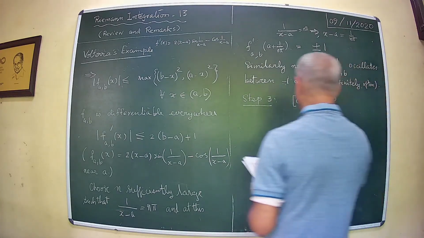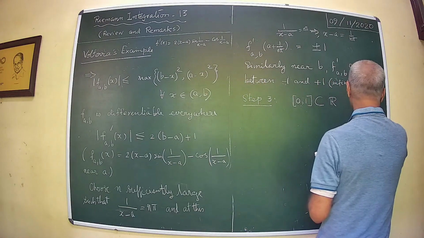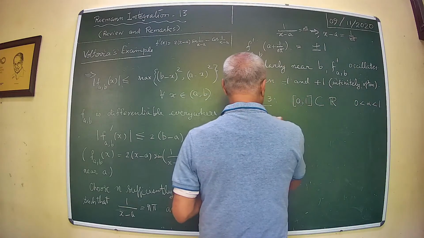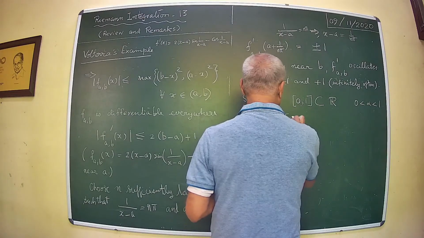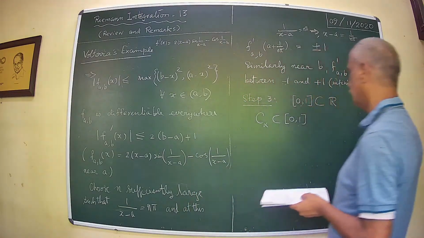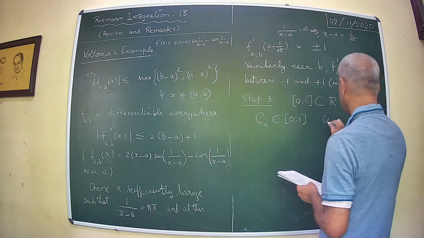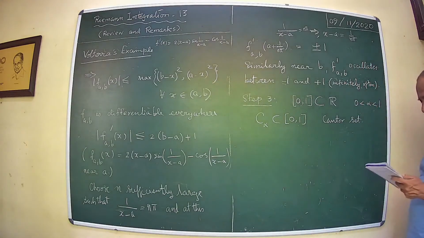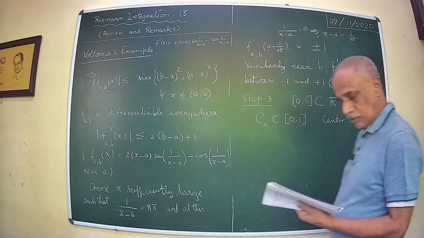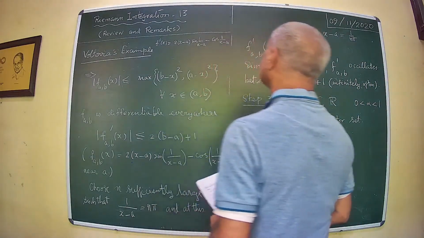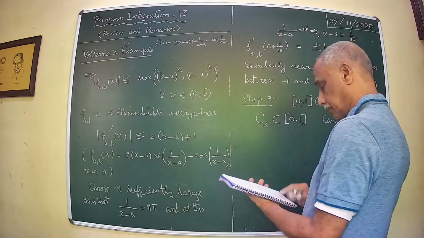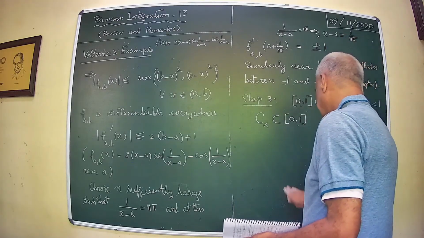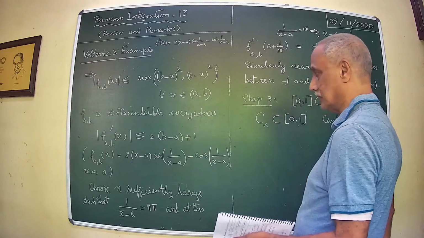Now we have got C alpha, with 0 less than alpha less than 1, and C alpha is contained in the interval. Now I will stop here because it takes quite longer from here to estimate and so on. So I will continue with the construction tomorrow and then work out the details of the function.